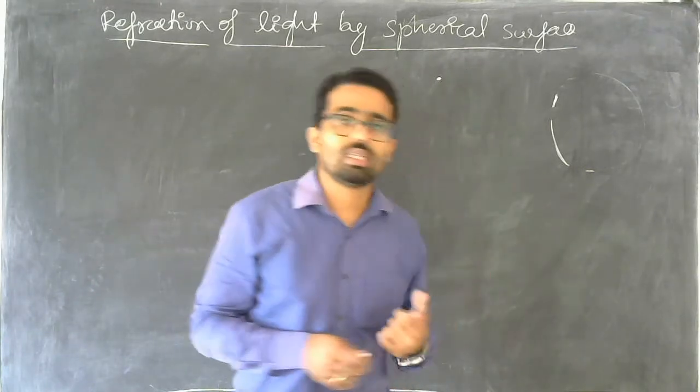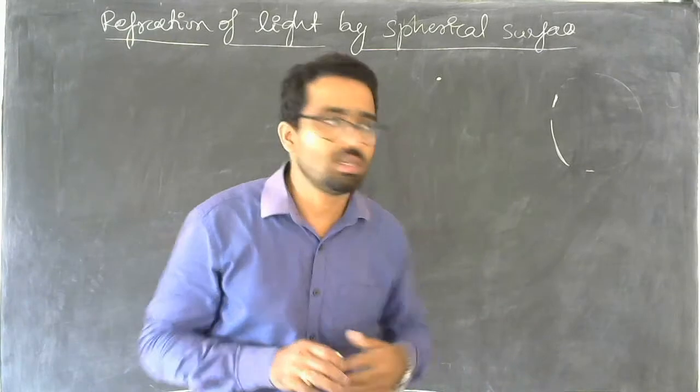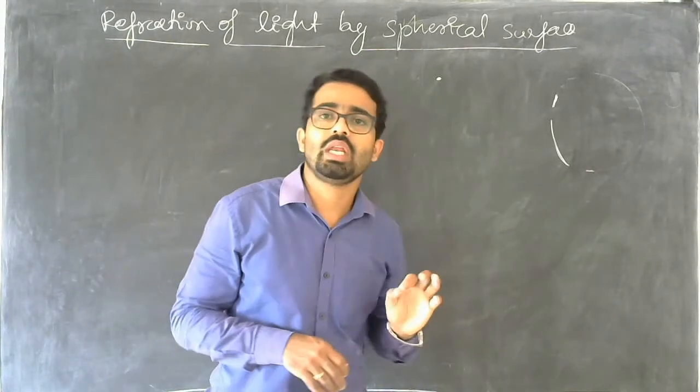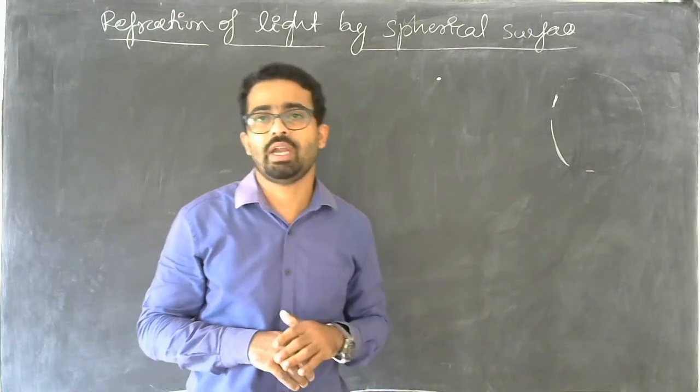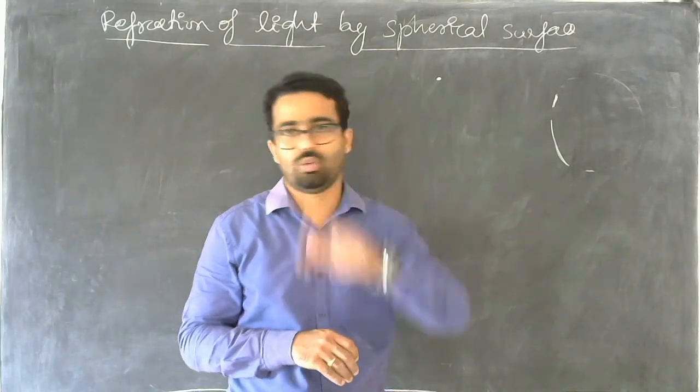So for a spherical surface, we need to consider a transparent medium, because to undergo refraction we need a transparent medium, which means the light has to pass through it.